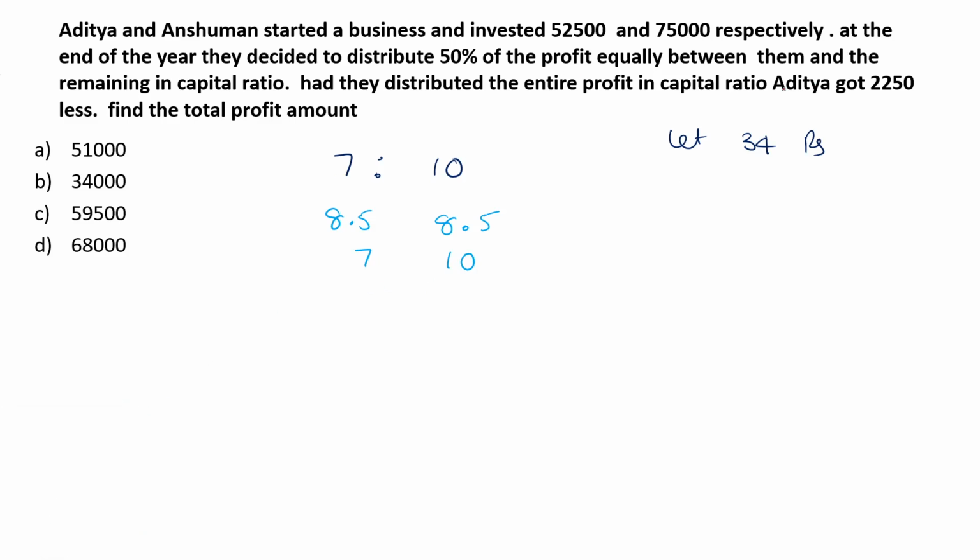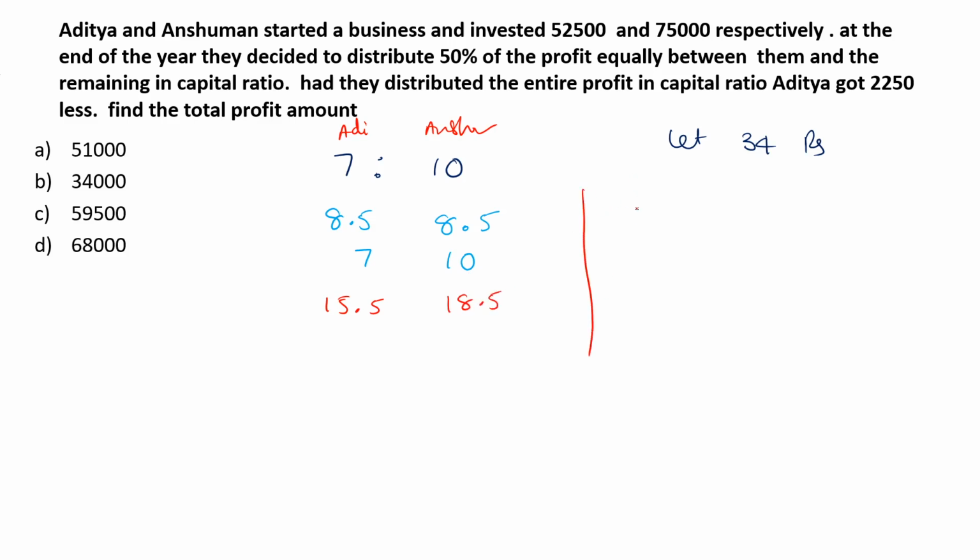But had they distributed the entire profit in the ratio, Aditya would have got 2250 less. According to the first statement, Aditya got a total of 15.5 and Anshuman got a total of 18.5.